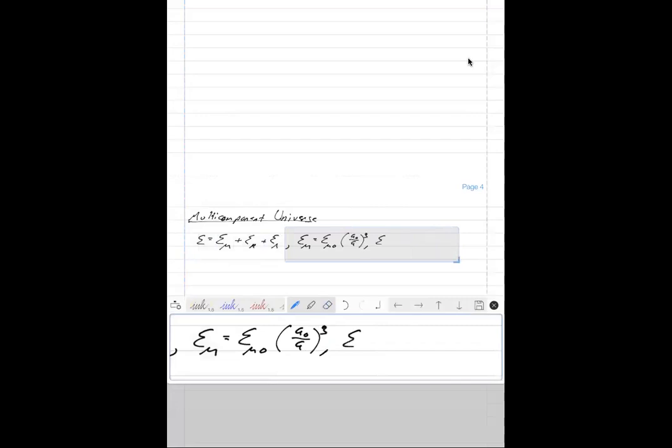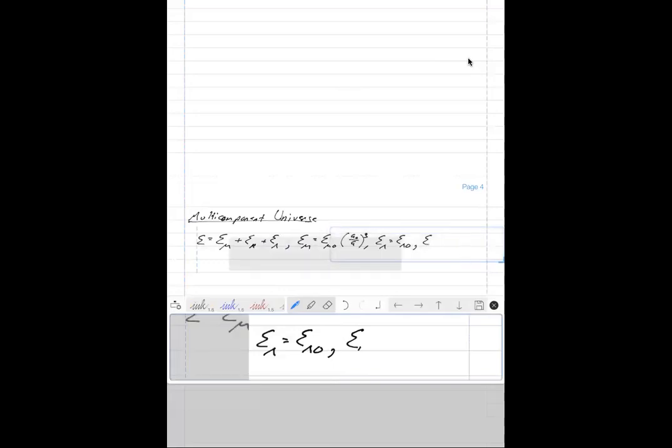The cosmological constant is just that, it's a constant. And the energy density due to radiation is the energy density today times A naught over A to the fourth.